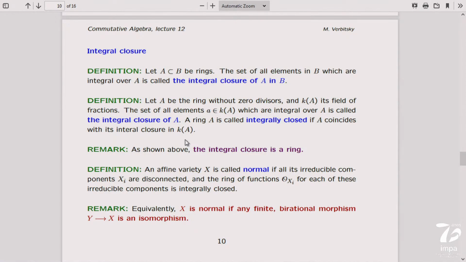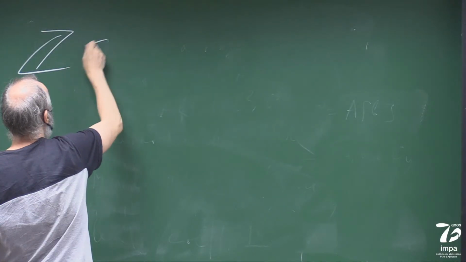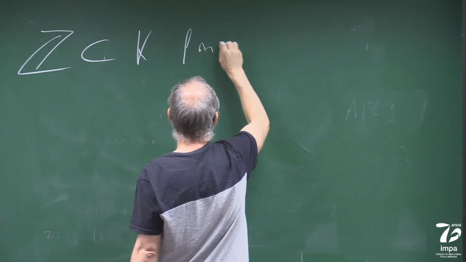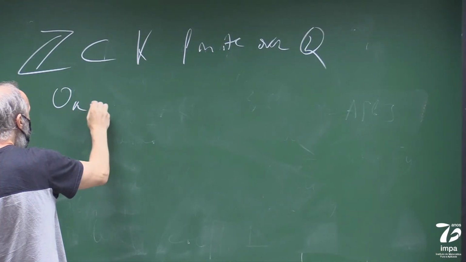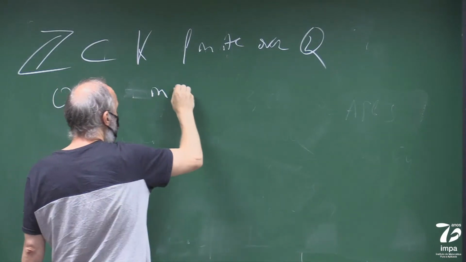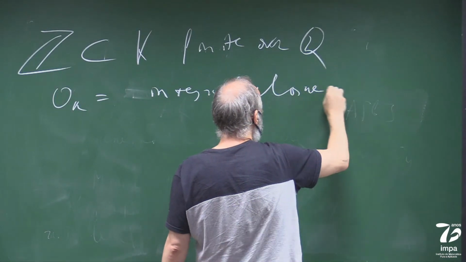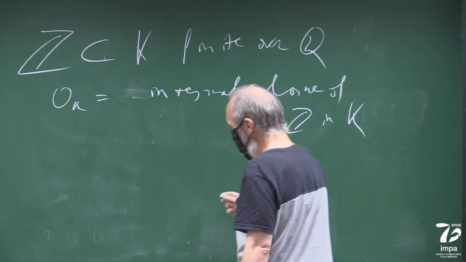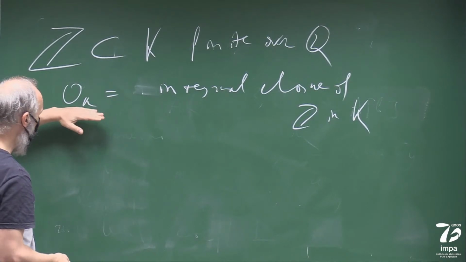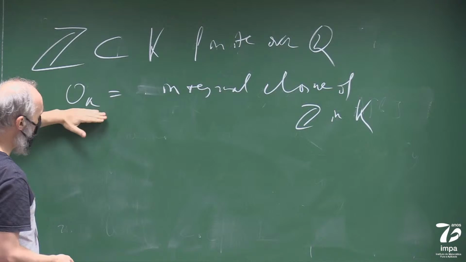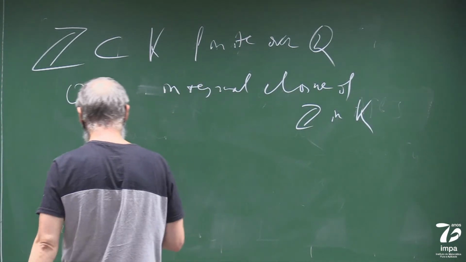What happens is that typically you take a ring of integers in some arithmetic field, which is a finite extension of Q. So you have Z inside K, which is finite over Q. And then you have O_K, which is the integral closure of Z in K. And this is the point where all number theory starts, because number theory is algebra or geometry or commutative algebra of this ring. So this is a really important notion which I'm going to define now.